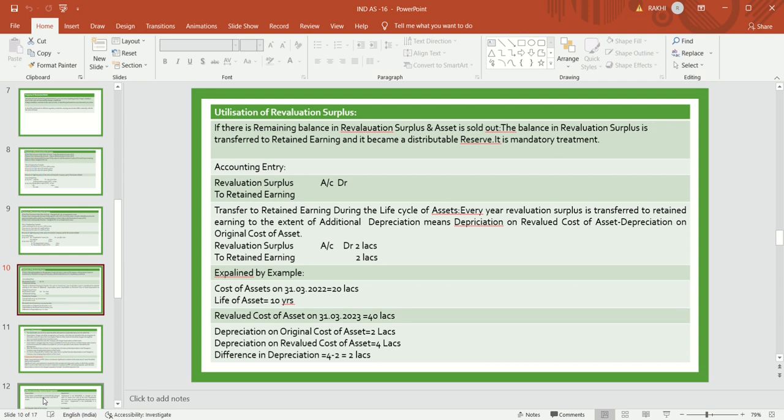And the depreciation the company will charge on the revalued cost of the asset is 4 lakhs. And 4 lakhs minus 2 lakhs is 2 lakhs. That is the difference in depreciation between the revalued cost and the original cost of the asset. So that difference is to be proportionately transferred to the retained earning.